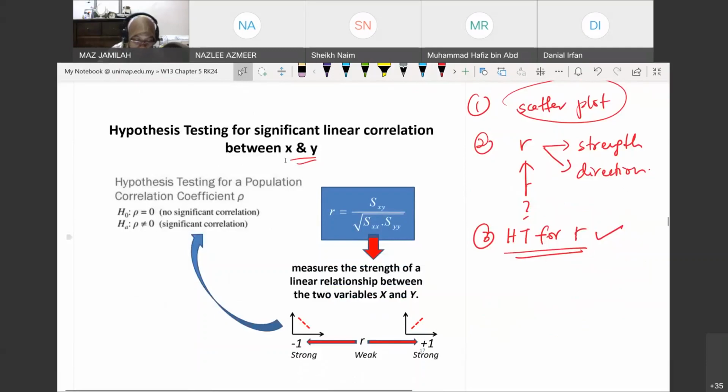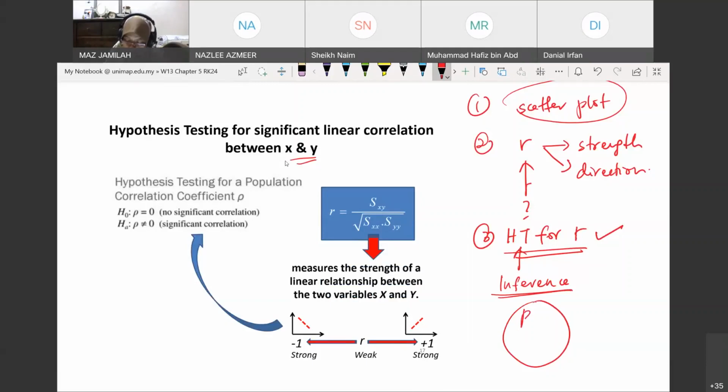Now, remember class, when we are talking about hypothesis testing, we are talking about making inference. And when we are talking about making inference, we are talking about the population.